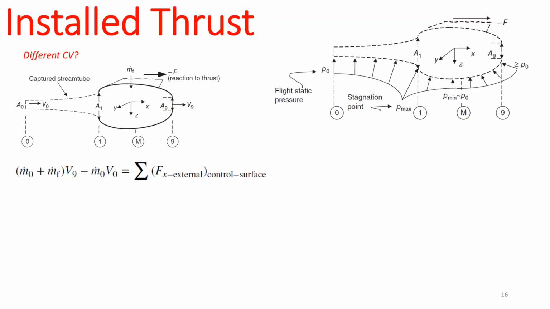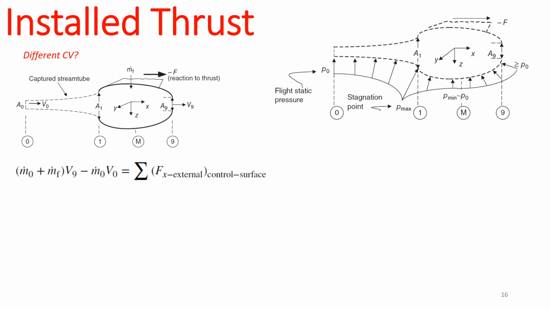Okay, so if we were to write the momentum balance equation, you have the outlet condition, you have the inlet condition, right, when they're coming in, and also the sum of forces. So as you can see, the inlet and outlet conditions are actually simpler compared to the other one, because we are capturing this stream tube.